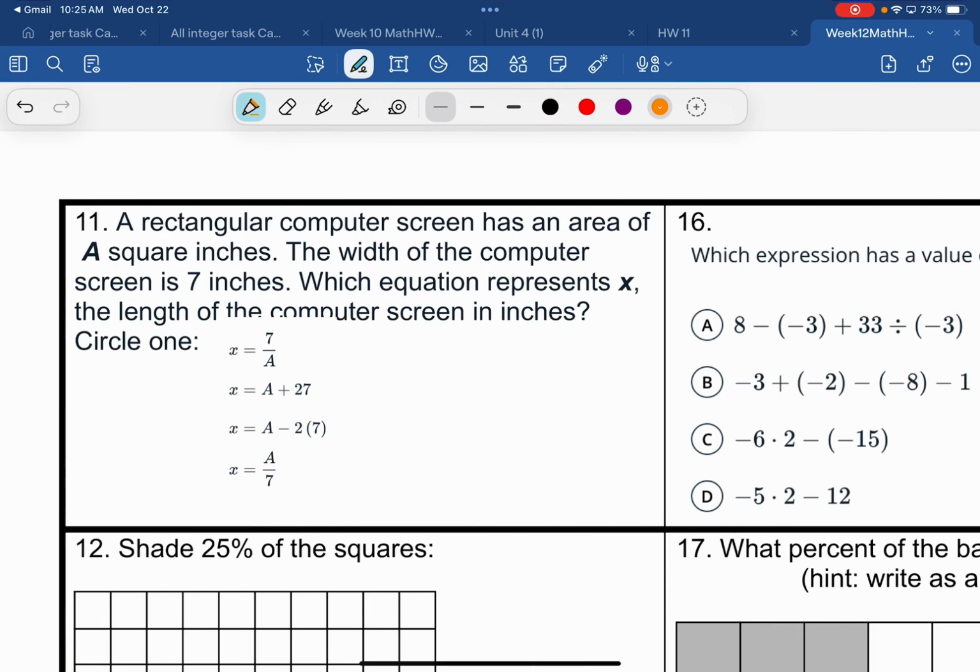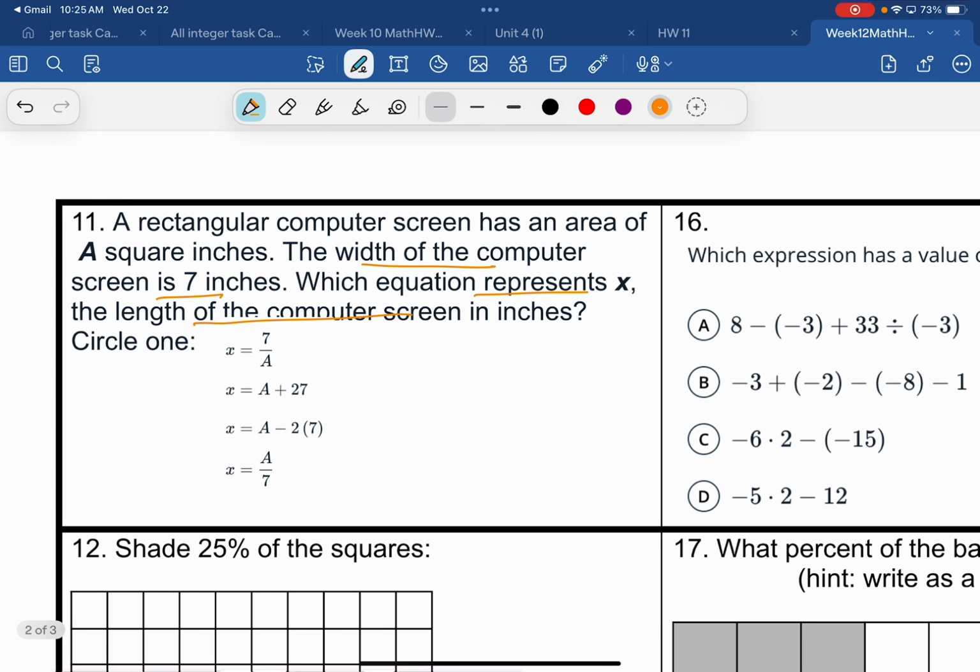Number 11. A rectangular computer screen has an area of A square inches. The width of the computer screen is 7. The equation X represents the length of the screen in inches. Circle one. So it says A is the area. The width is 7 inches.